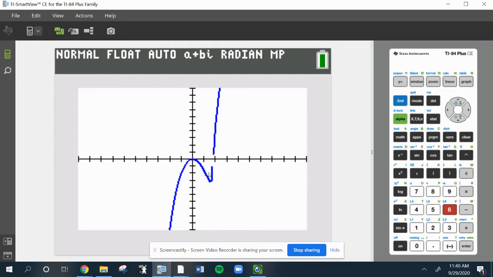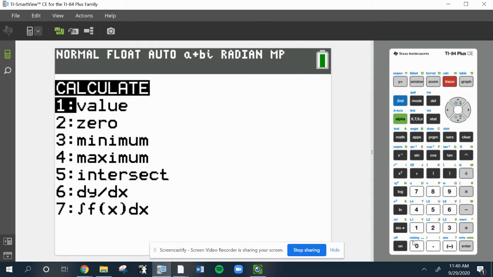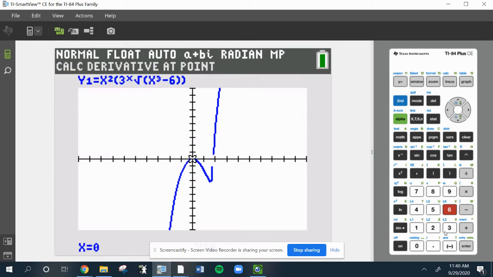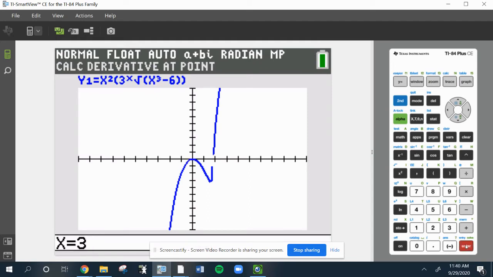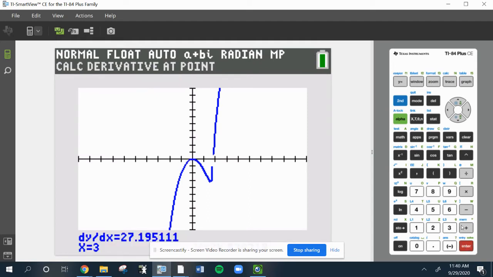So I don't want to pick that value for the derivative. Let's take the derivative at 3. So second calc, 6 for derivative, at 3, enter. 27.195. So write down that number, 27.195.